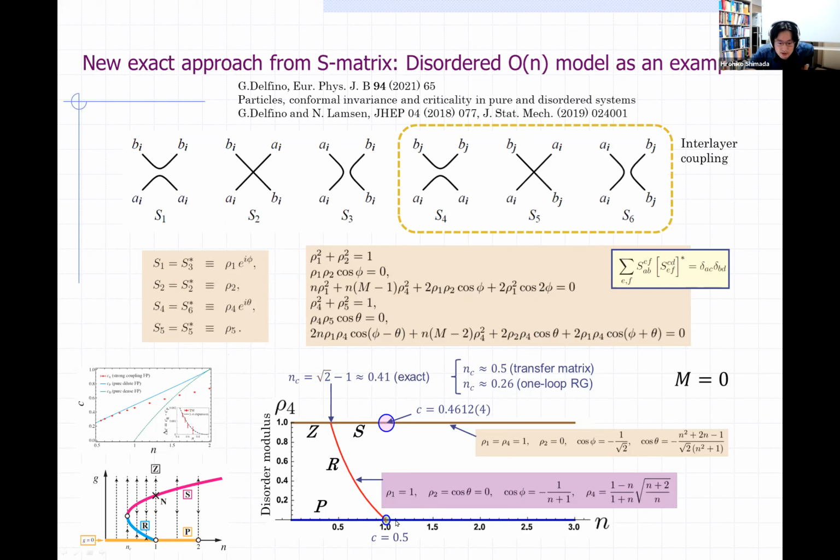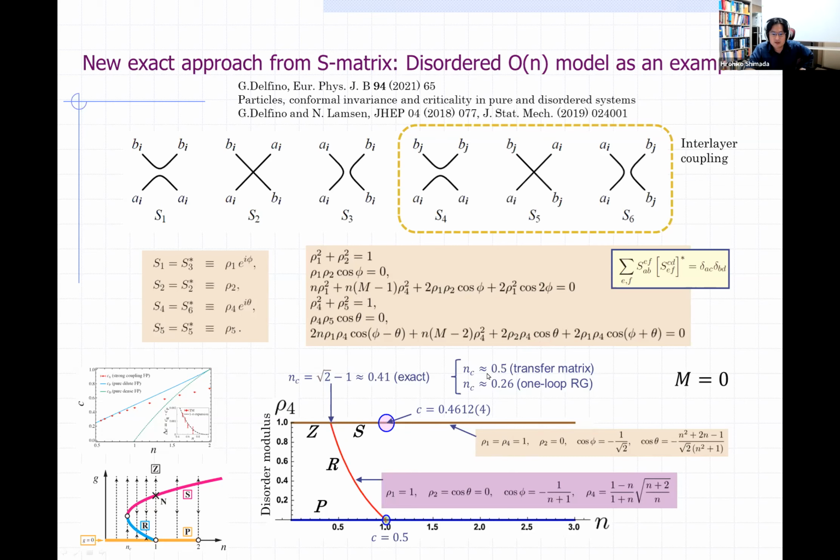So they find, as one solution, this weakly random fixed point, and they also find this strongly disordered fixed point as another branch of these S-matrices. And now, quite surprisingly, they also find the exact value of N_c, where this weakly random fixed point and this strongly random fixed point merge.